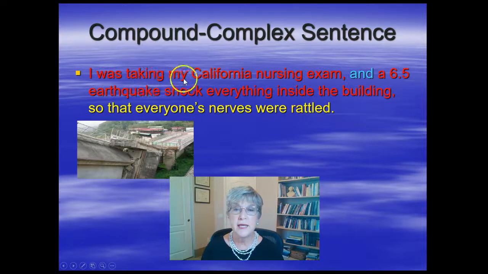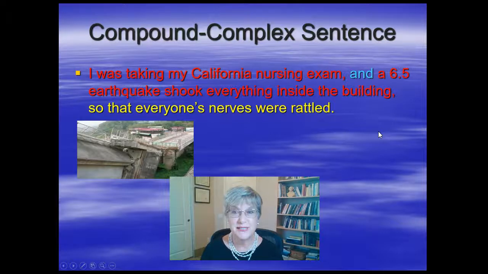I was taking my California nursing exam. There is an independent clause. We have a coordinating conjunction and another independent clause. A 6.5 earthquake shook everything inside the building. Then we have a subordinating conjunction, which we know signals a dependent clause, so that everyone's nerves were rattled.